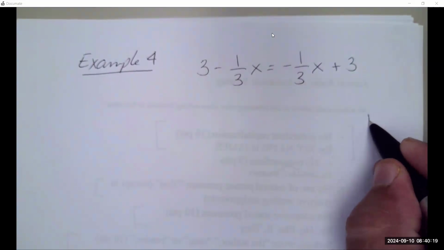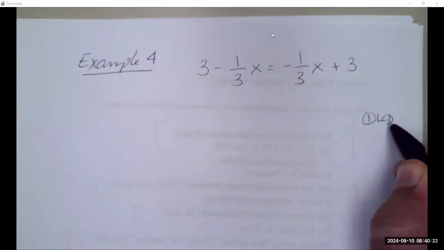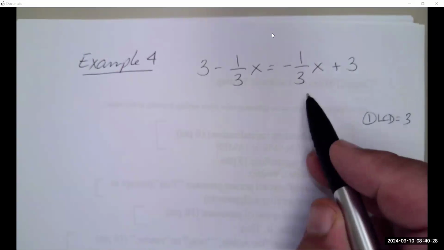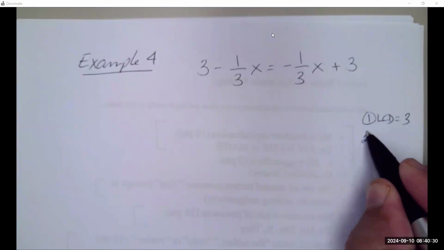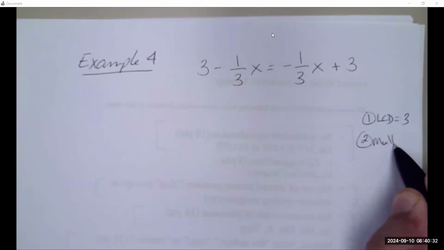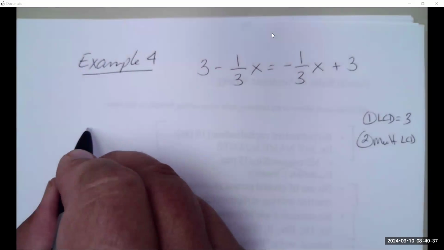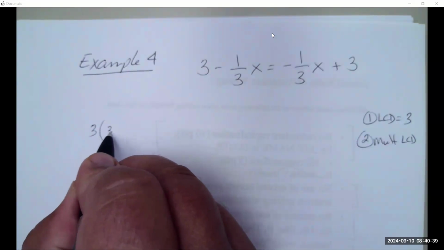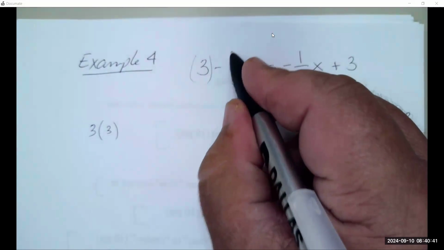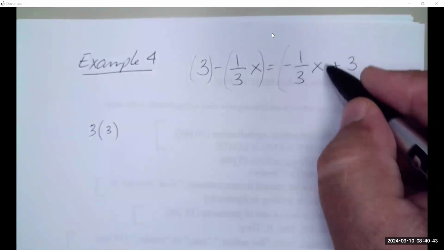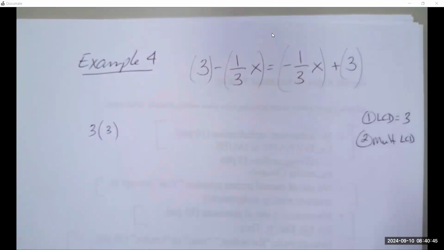So we have fractions and an equal sign. Step 1, what's my LCD? Yeah, it's the only denominator, only bottom number. So the next step is multiply the LCD to each term. There's 1 term, 2 terms, 3 terms, 4 terms.